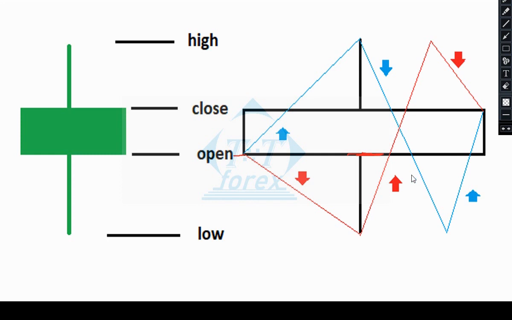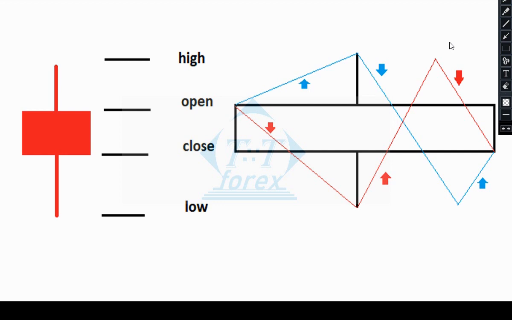Let us move to a bearish spinning top, which I just pasted and flipped. That's the opposite of a bullish one anyway, so the concept is the same.